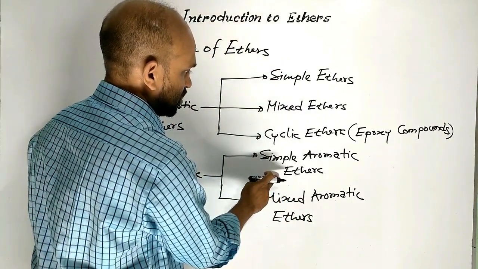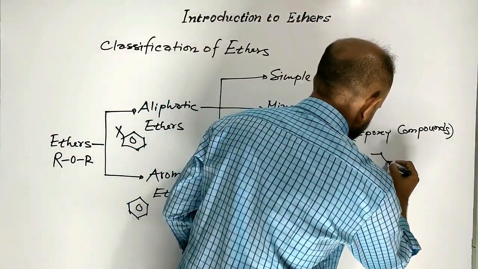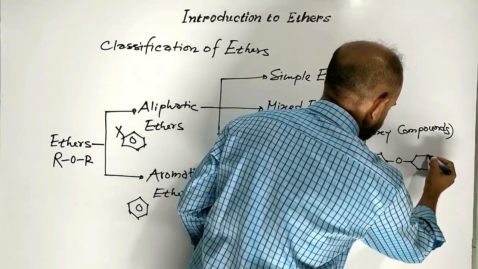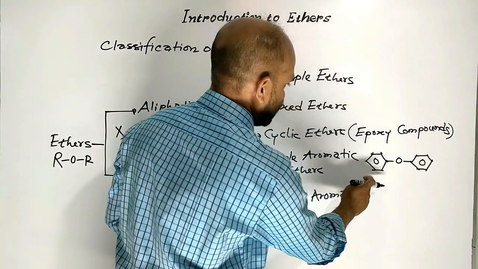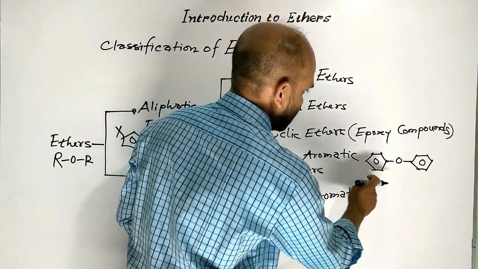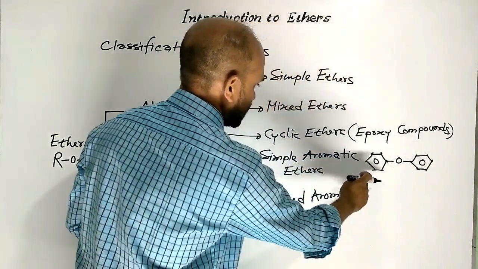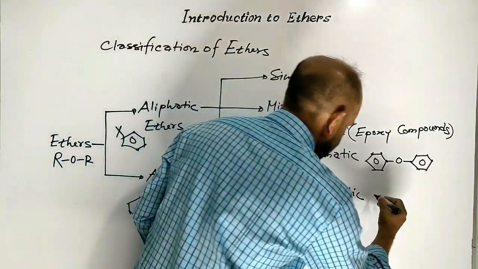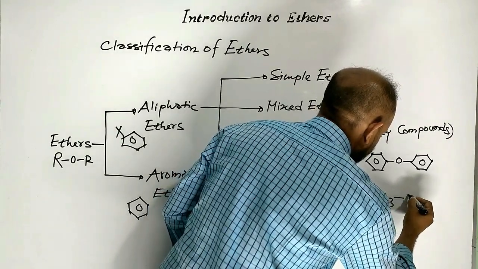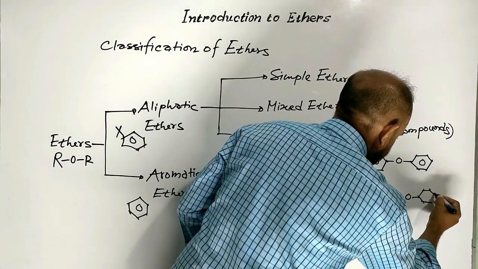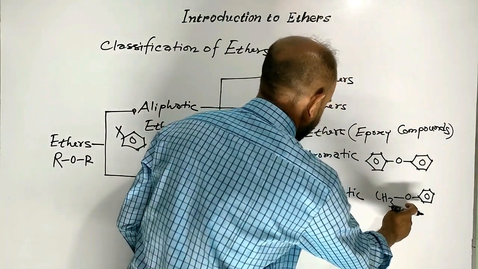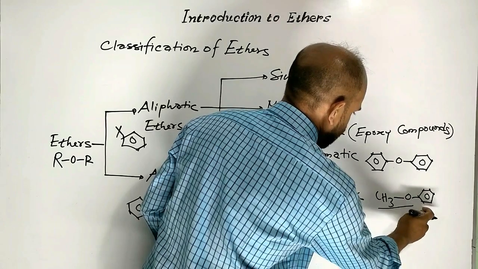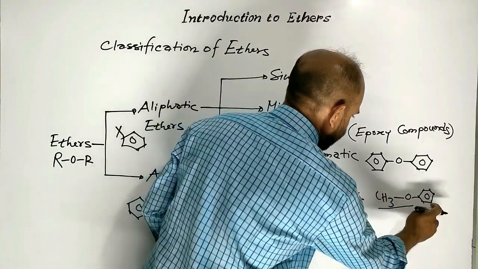Examples of simple aromatic ethers: for example, this one, diphenyl ether or phenoxybenzene. It's a kind of simple aromatic ether. Now, mixed aromatic ether: alkyl group, aryl group. It's a kind of mixed aromatic ether. Its name is methoxybenzene or methyl phenyl ether.